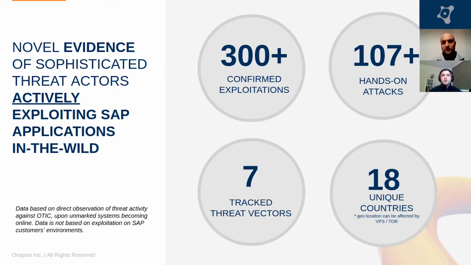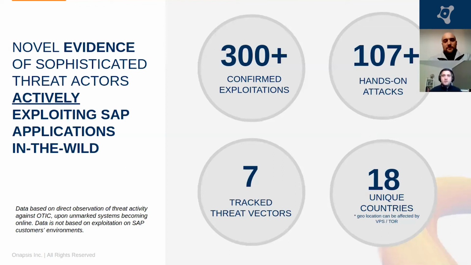So what we saw over the past couple of months in our threat intelligence network is over 300 confirmed exploitations of SAP-specific vulnerabilities. Over 100 of them, after the system was exploited and users were created, humans were actively connecting to the system, accessing data, traversing the different sections, and doing things on the system.